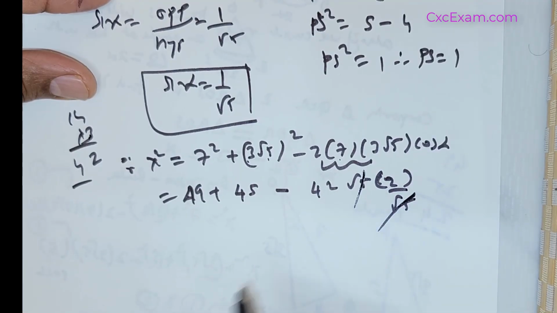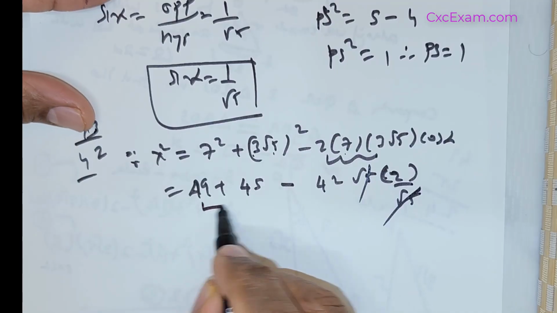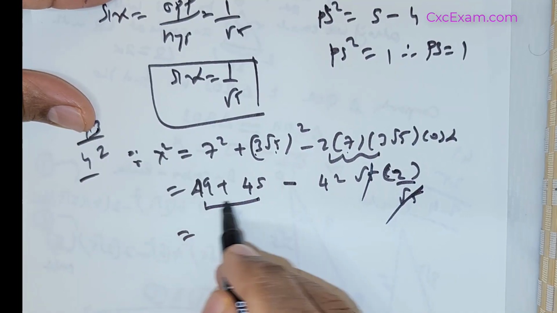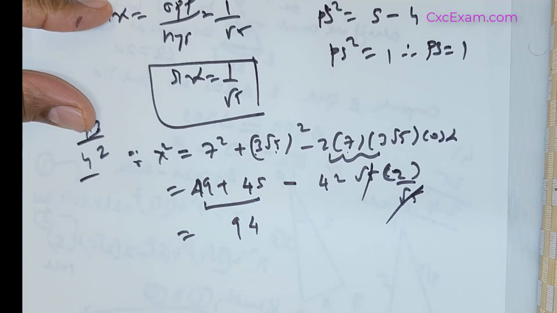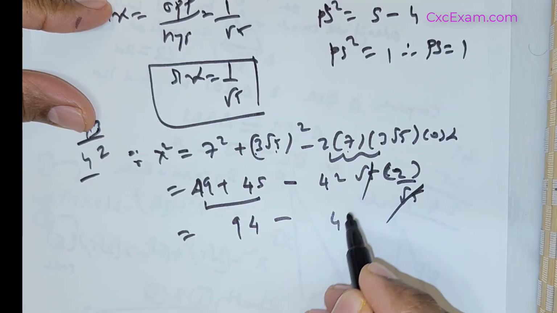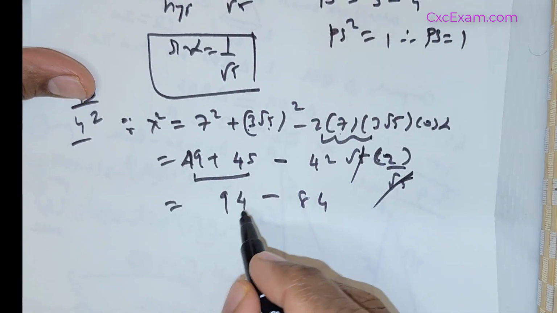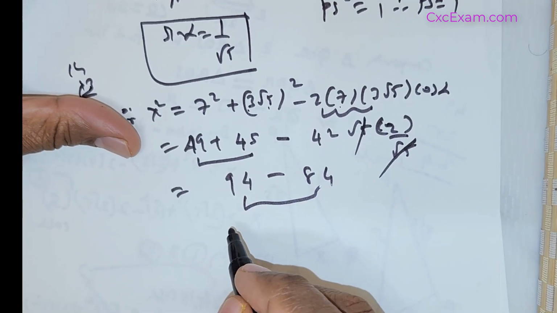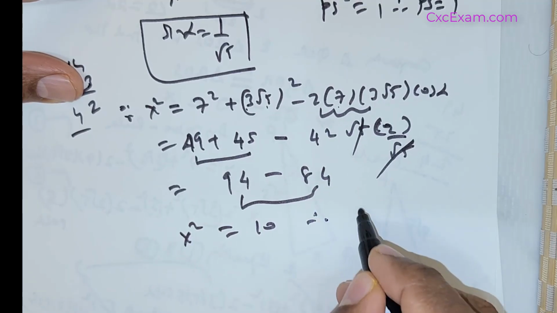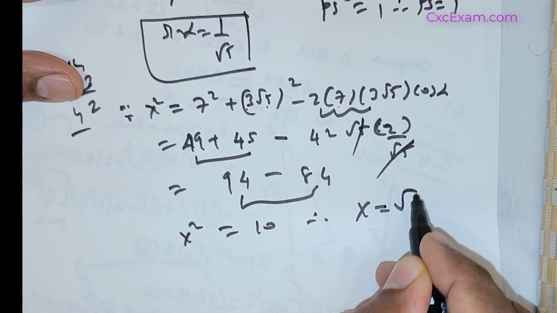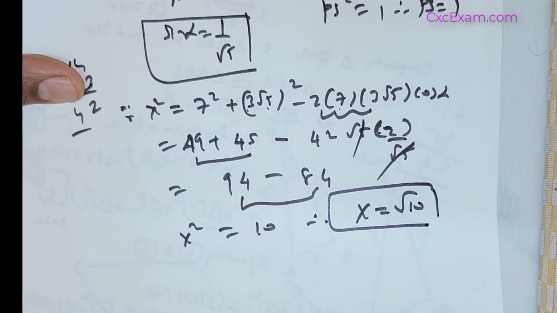We already got that, so these two get cancelled. Now if I were to add the 49 with 45, this is 94, minus 2 twos are 4, 8. So 94 minus 84, this is going to give me 10. So x squared is equal to 10, therefore x is equal to root of 10. Okay, fair enough. So we have got that value for x.